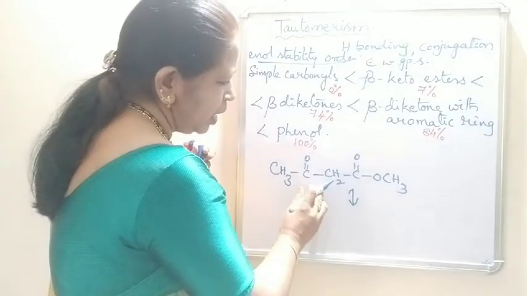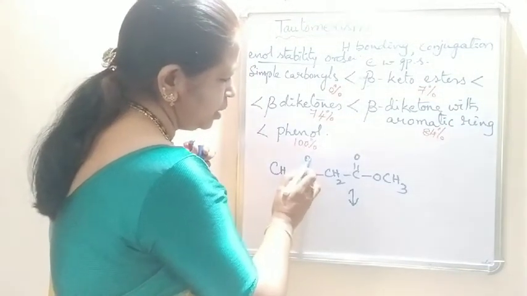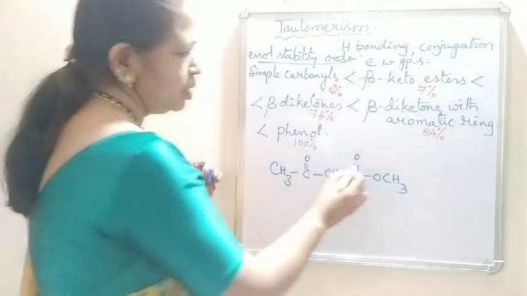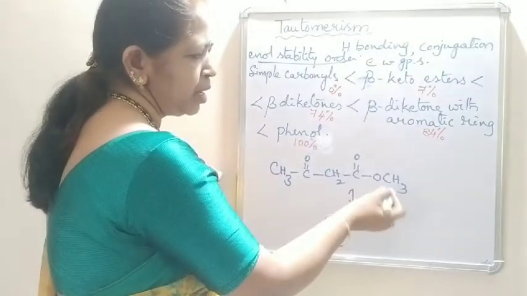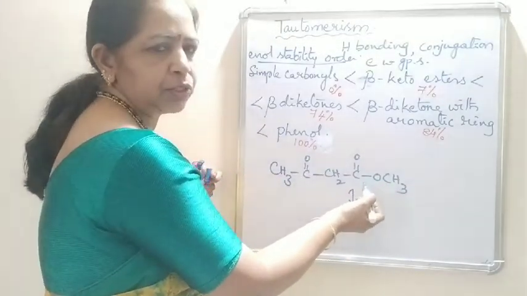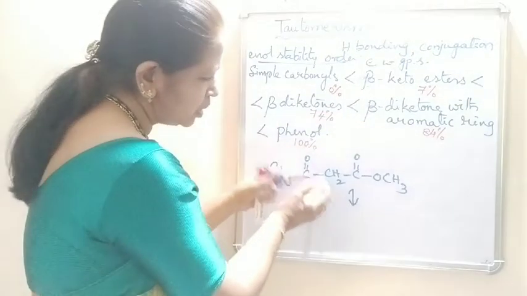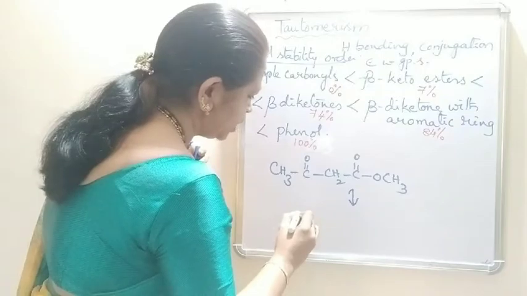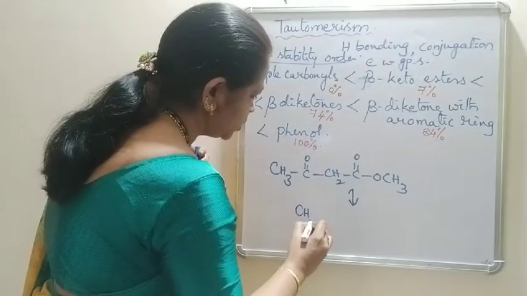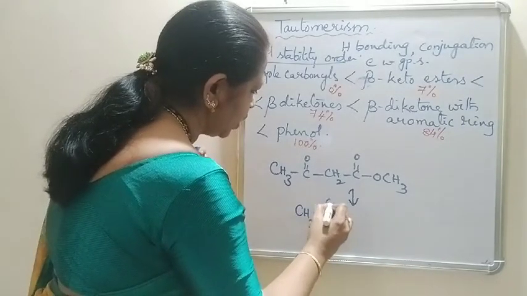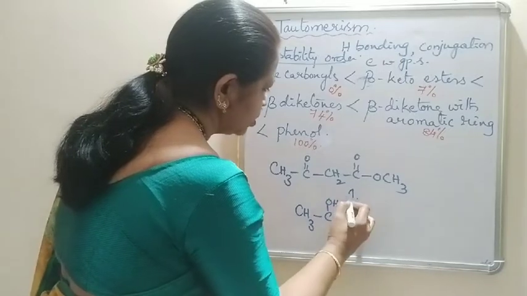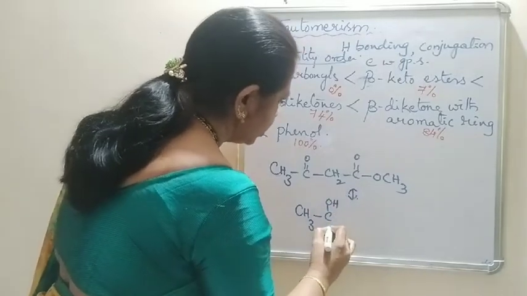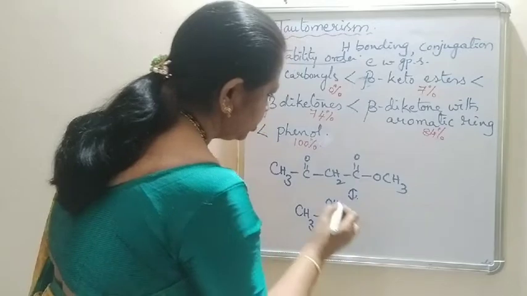The alpha hydrogen will migrate towards the oxygen. This entire group is an electron withdrawing group. So this hydrogen will migrate towards this oxygen. So it will have this kind of structure, CH3, COH, double bond.